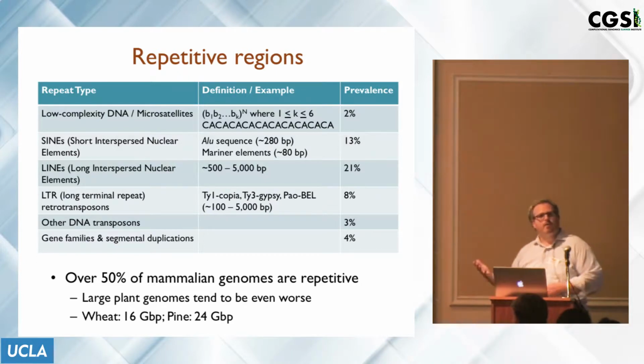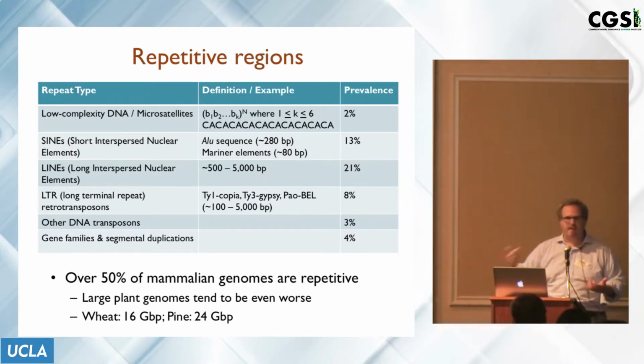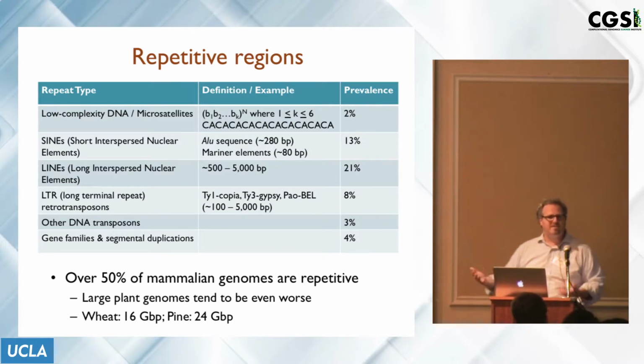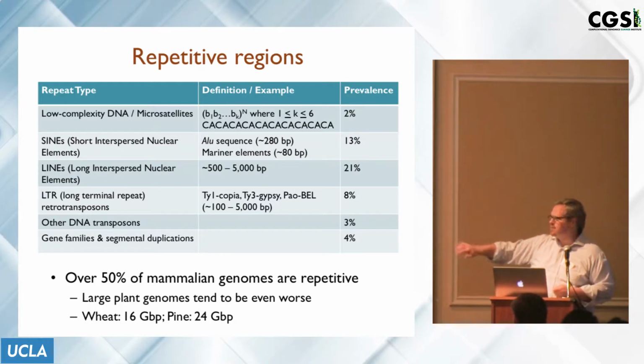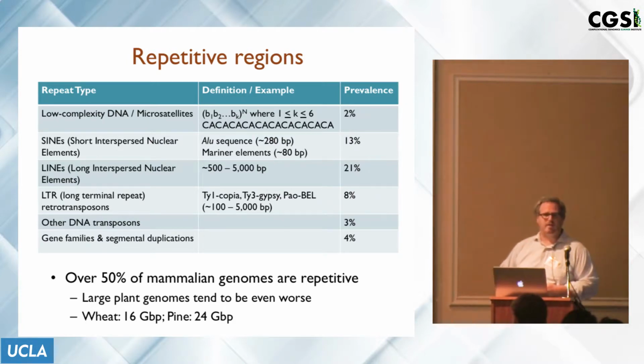A useful metaphor is that the genome is a graveyard for ancient transposable elements that have been jumping around, making copies of themselves again and again, until they acquired mutations to the point where they can't jump around. This ancient graveyard is my mental model when I'm thinking about any new genome. That's mammalian genomes. As you look at some of these enormous plant genomes, things tend to be even worse, because these transposable elements get unleashed and accumulate in huge numbers very quickly.